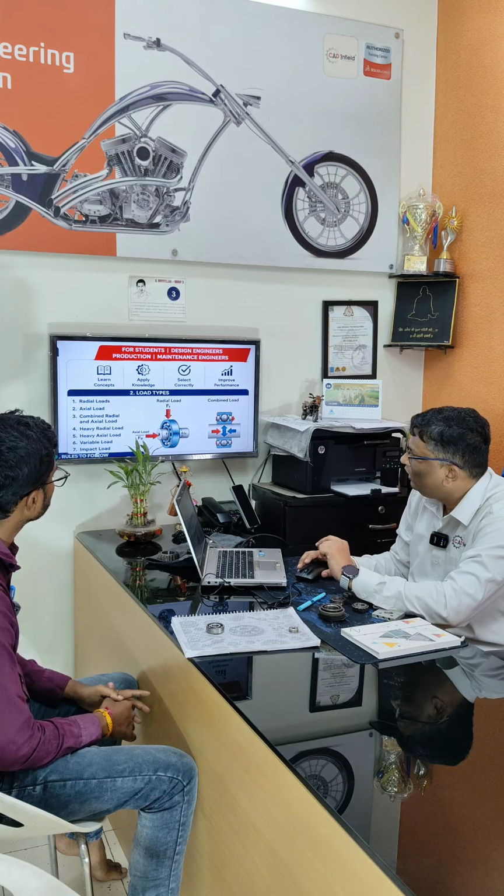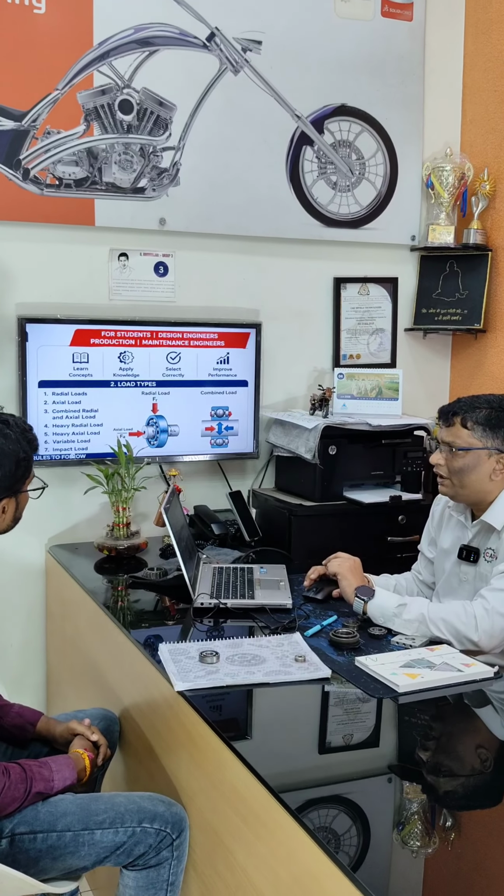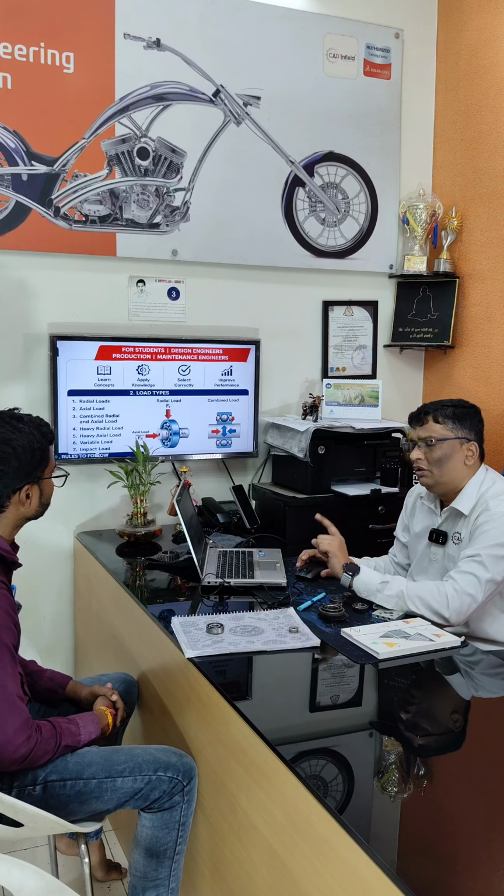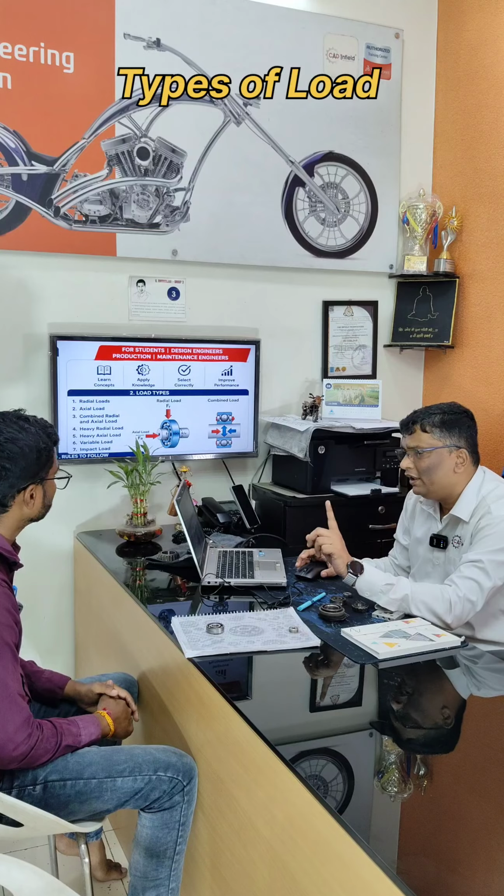You can see this. Whether the load is a radial load, which is perpendicular to the axis of the shaft, or an axial load. So type of load is the first criterion. Second is the magnitude of the load.